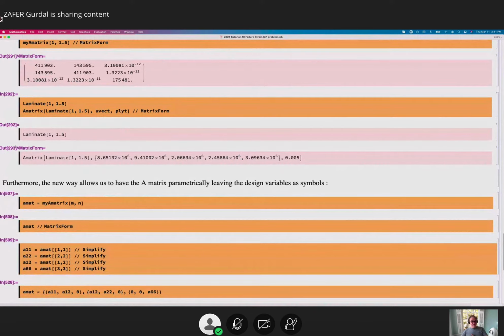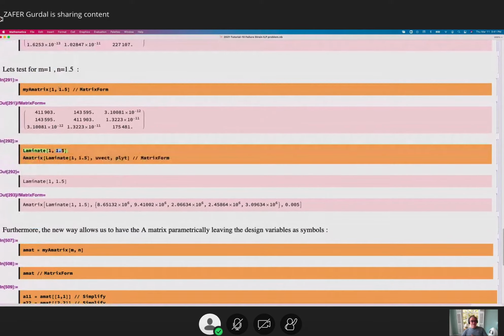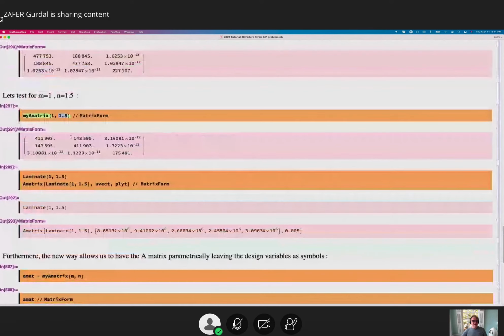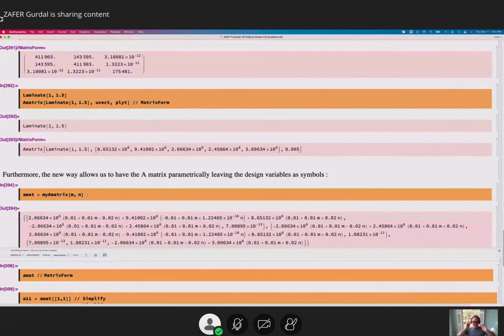The additional advantage, of course, is if I'm able to compute this A matrix for a non-integer value like this, that means I can even put parameters in here instead of integers or real numbers, and get my A matrix parametrically. How? Well, that's easy. I call my A matrix with m and n, and come up with this A matrix, which is a function of m and n only.